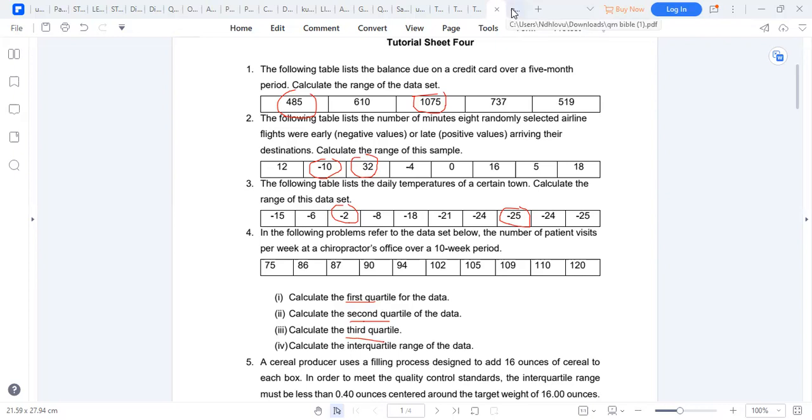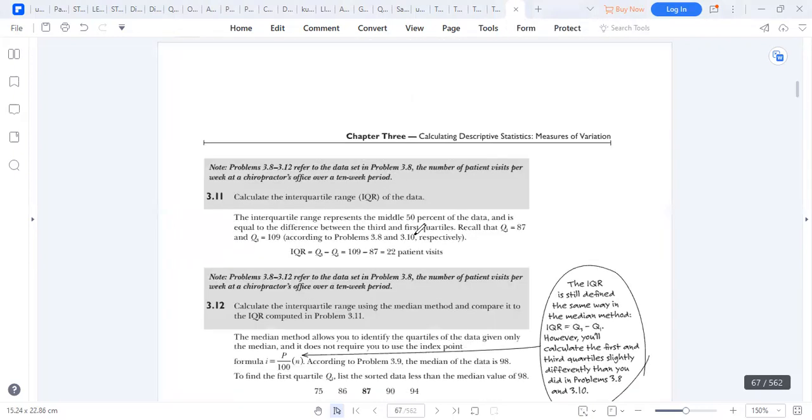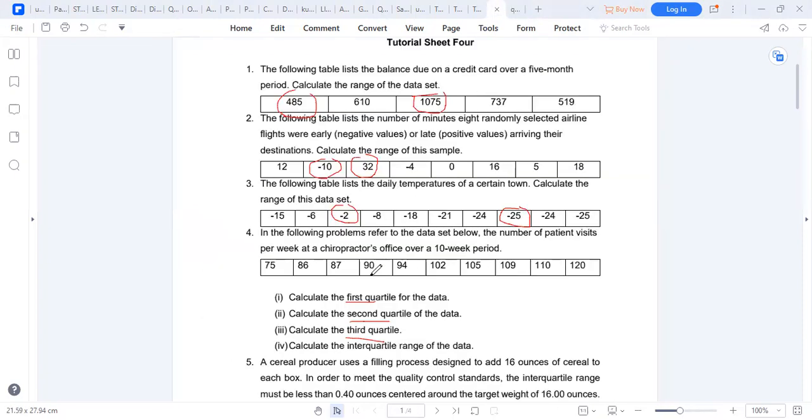Then when we want to find the interquartile range, you find the quartile number 3 minus quartile number 1. So we had 109 for the third quartile and 10.87 for the first. The difference between the highest quartile and the lowest quartile, that is what we call the interquartile range.